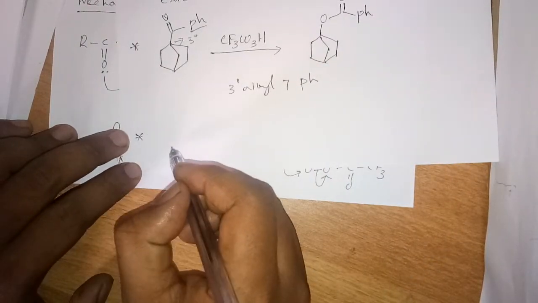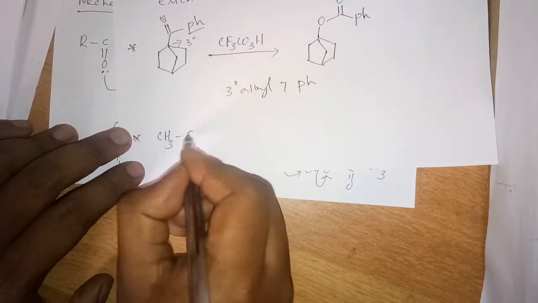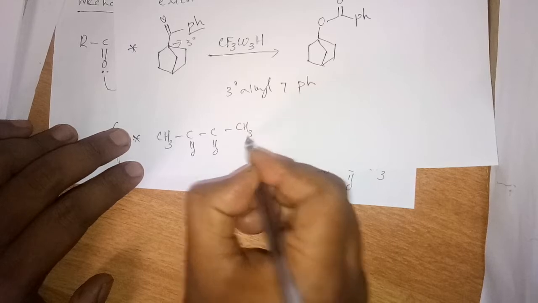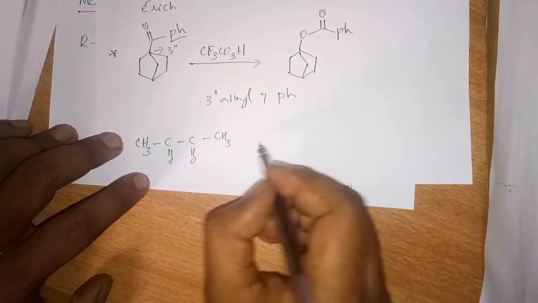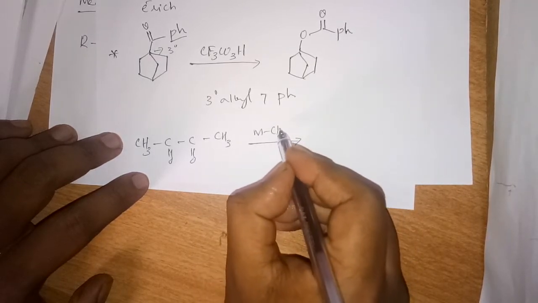We'll take another example, CH3CO CH3. It is an alpha diketone. You can use metachloroperbenzoic acid.